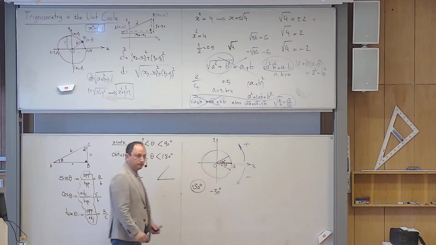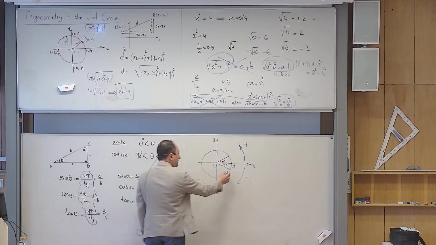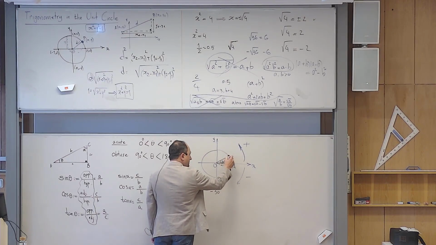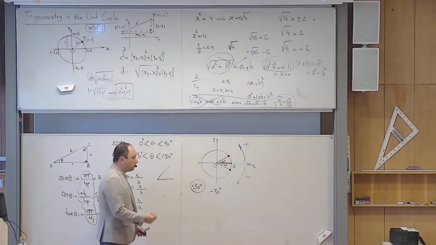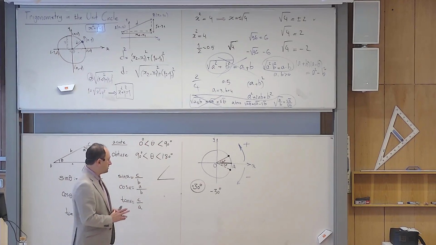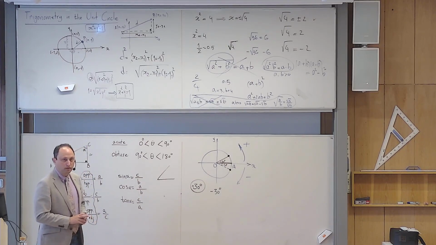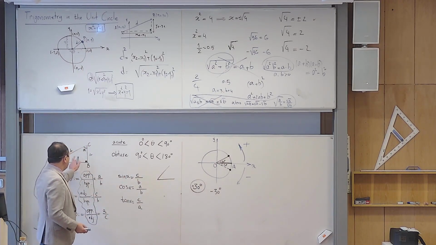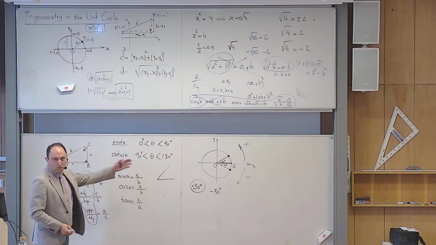Yes? So this is the end point. This is extremely important. In this trigonometry, the end point of the angle is more important than the size of the angle itself. Remember that, okay? Is that something you don't understand? Is that clear?